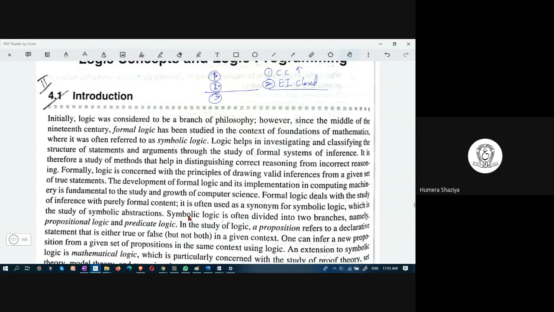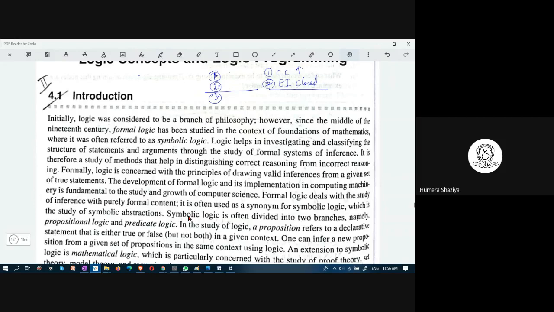What will be your inference? Your inference will be, okay, do you want me to return your money? Because you're saying that you have an insufficient amount, you may need it. So do you want me to give it? That is the question you pose.